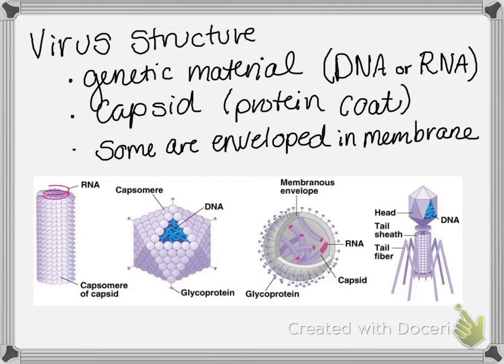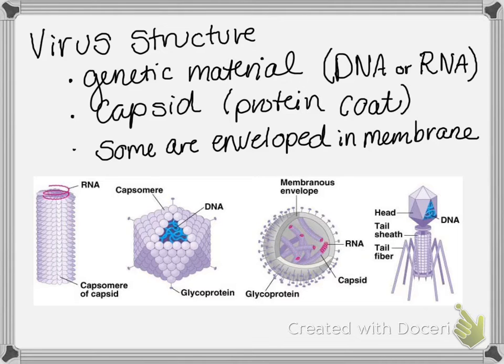So viruses in general, they have some basic components. They have genetic material. It could be DNA or RNA. And because RNA is the genetic material, that's one of the reasons why viruses aren't considered living things. They also have something called a capsid, which is this protein coat.